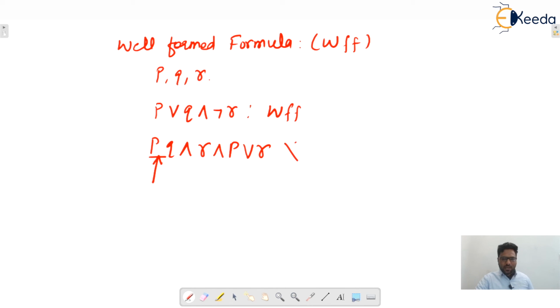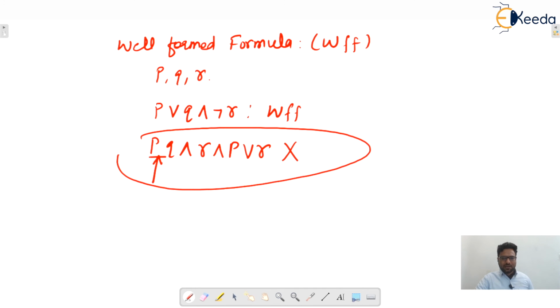That's why it is not a well-formed formula. In a logical statement there must be some operator, either and, implication, biconditional or XOR, whatever it is. If it is not a correct logical expression, then it is not a well-formed formula. Otherwise, it is known as a well-formed formula.